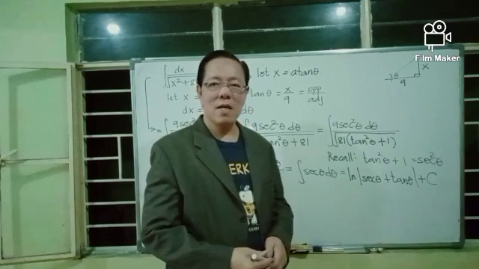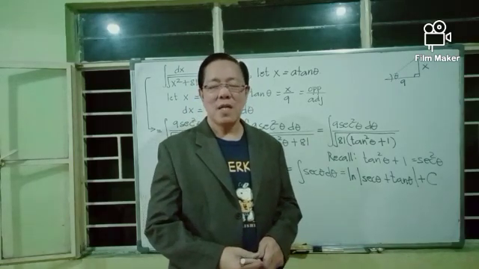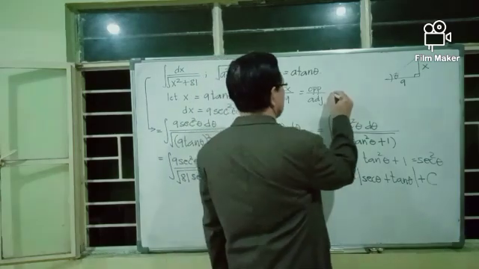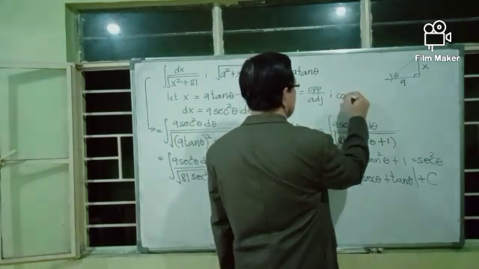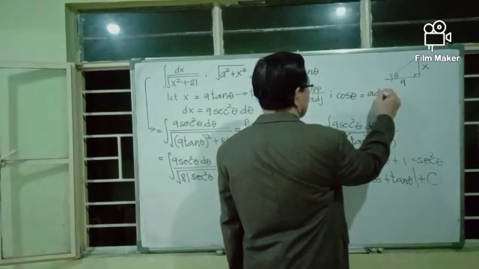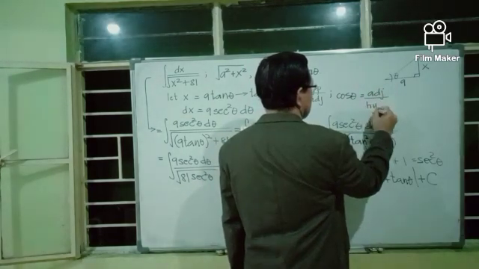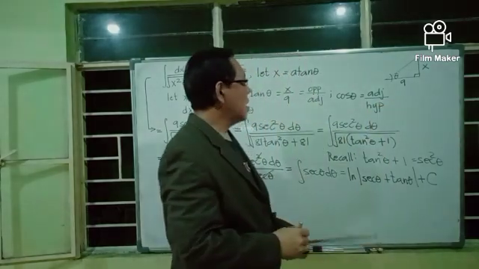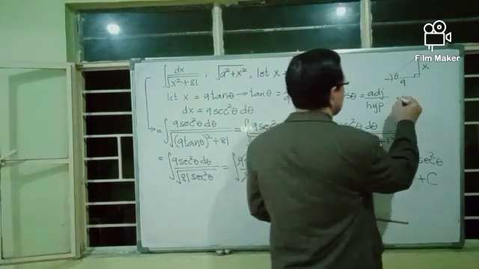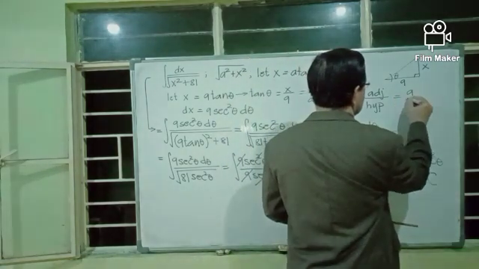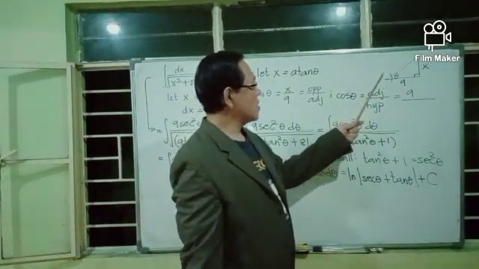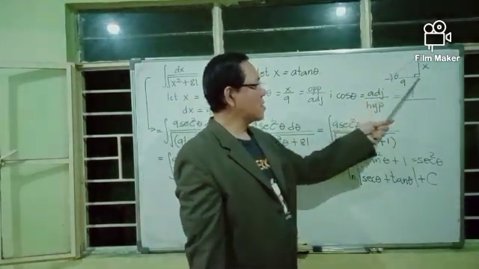And cosine theta is defined as the ratio of the adjacent to the hypotenuse. We have the adjacent side, which is 9. And we need to get the hypotenuse, the side opposite the right angle.